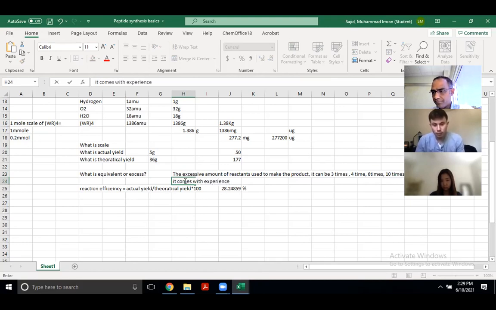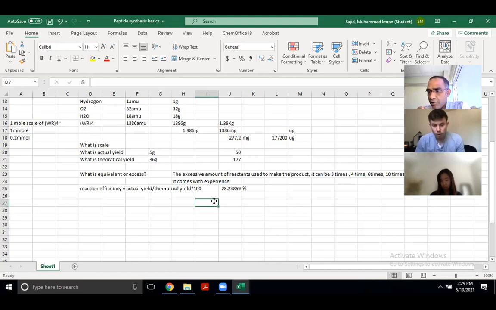When we do the experiments, we gain experience. I react one thing with another, and I calculate the product, and if I see that the product is not coming that much, then I will have to use the reactants in excess so that I can get the product accordingly. You got my point?